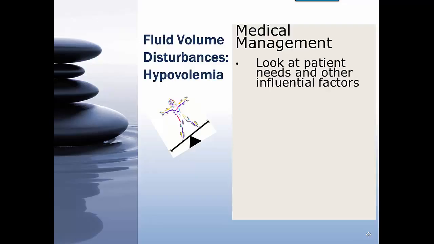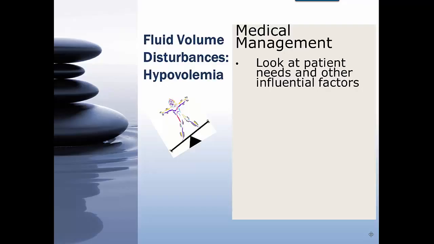So when we went back to the previous slide and it talked about whether it was from GI or bleeding or other fluid losses, you want to look to the source in your treatment. PO is the best way to replace fluids, although at times with severe cases we can't do it that way, but we know that the best absorption occurs when PO intake occurs.